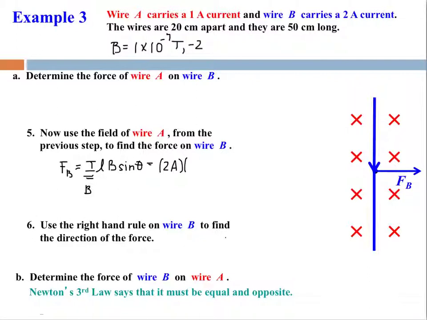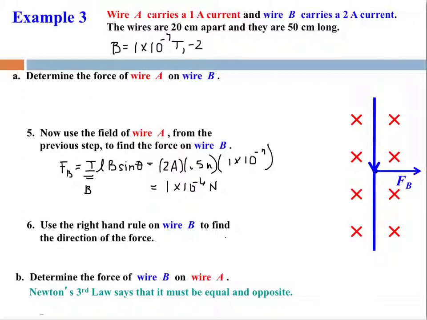The length of wire B is 50 centimeters long, so that's 0.5 meters. And the magnetic field is 1 times 10 to the negative 6. So that means that the force acting on wire B is 1 times 10 to the negative 6, and this is a force, so we're dealing in newtons.